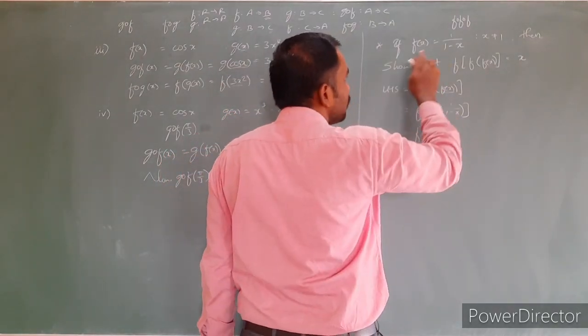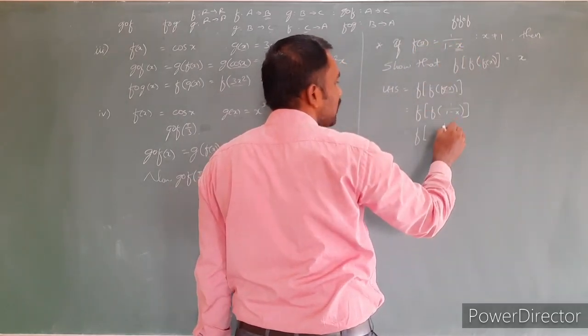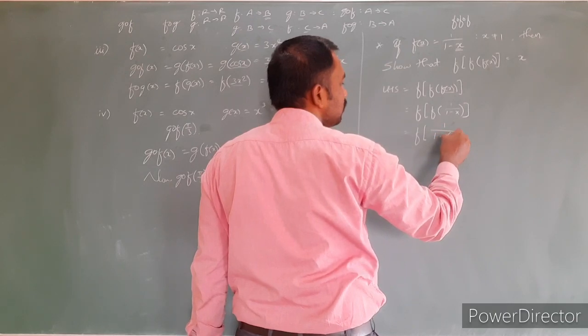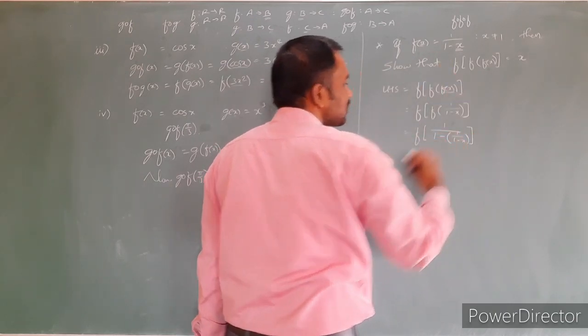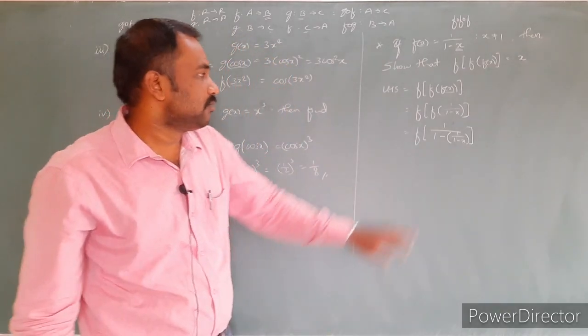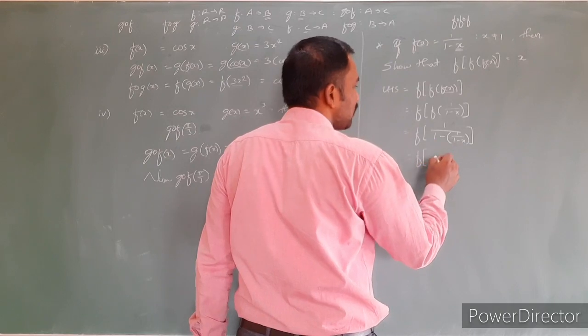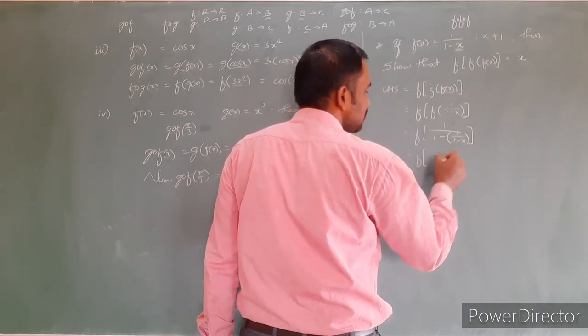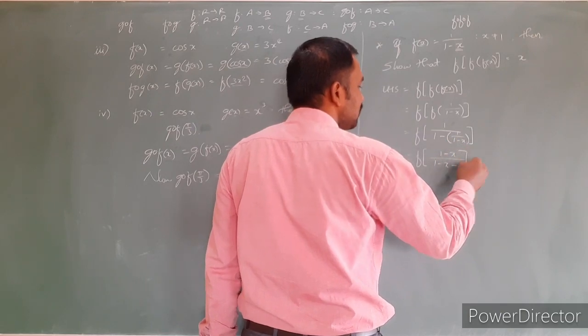Wherever f of x, here it is x, here it is x, just replace it: 1 divided by 1 minus, in place of x, 1 by 1 minus x, the square bracket as it is. Better to simplify this value inside the square bracket. What will we get? 1 minus x is the LCM, minus 1, that LCM term taken to the numerator.